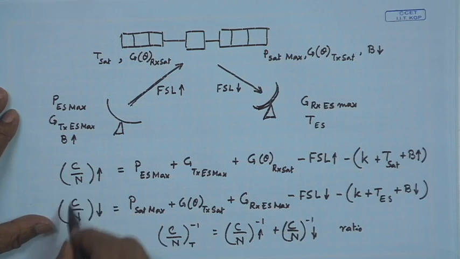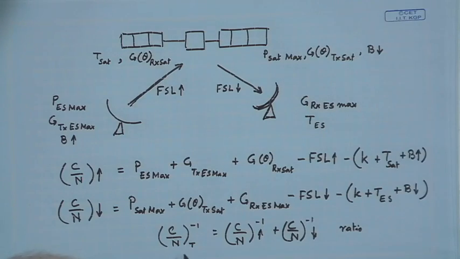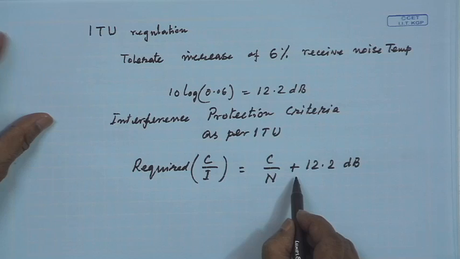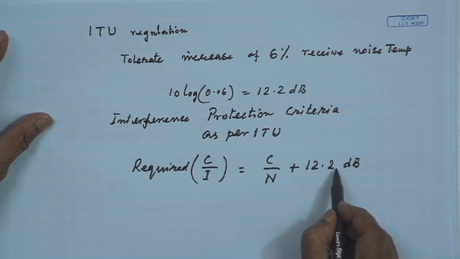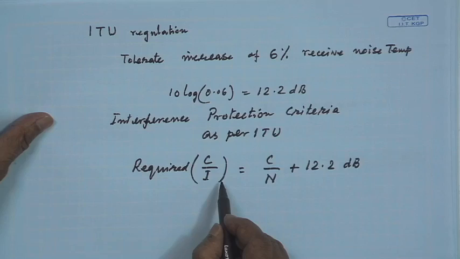We calculated these are all in dB, here we are doing terrestrial. And then you remember this C by N total what you calculated is 12.2 dB.